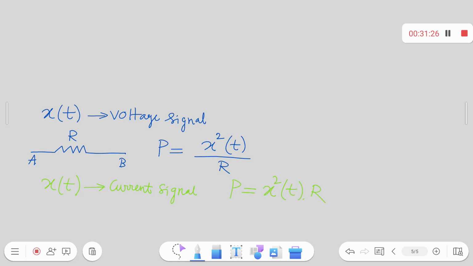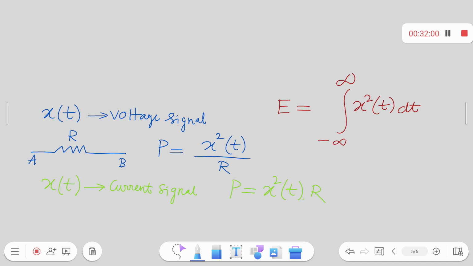Then the energy E is basically you have to find the instantaneous power and integrate it for all time. So you have the integral of x squared t dt from minus to plus infinity, if the signal is defined for all values of the time.